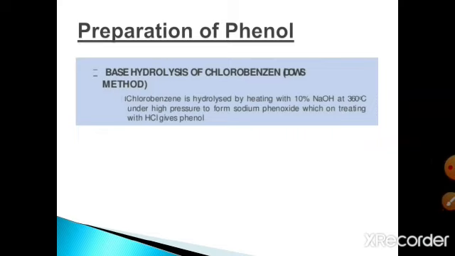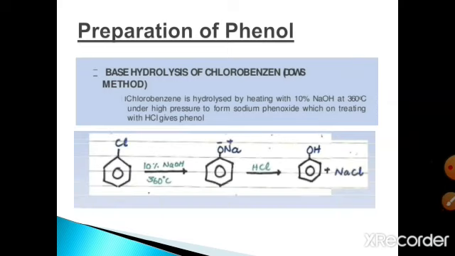Next method for the preparation of phenol is base hydrolysis of chlorobenzene, and this method is known as the Dow method. It is the industrial preparation of phenol. Chlorobenzene is hydrolyzed by heating with 10% NaOH at 360 degrees centigrade under very high pressure to form sodium phenoxide ion, which is treated with HCl to give phenol.